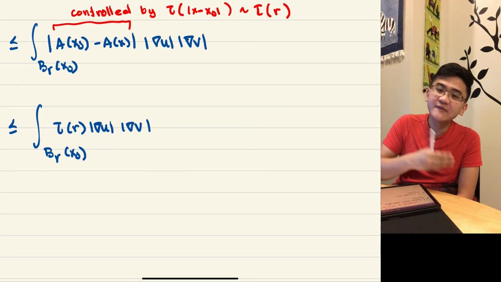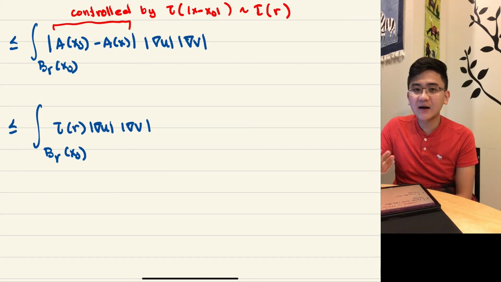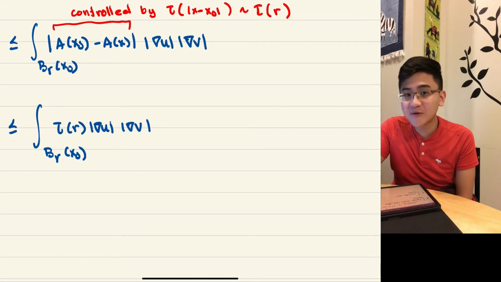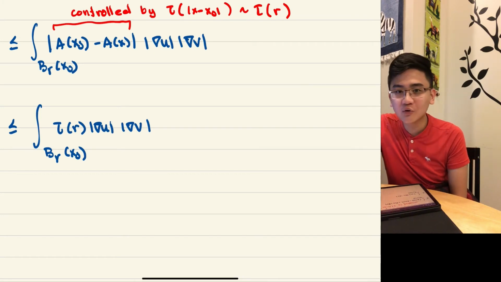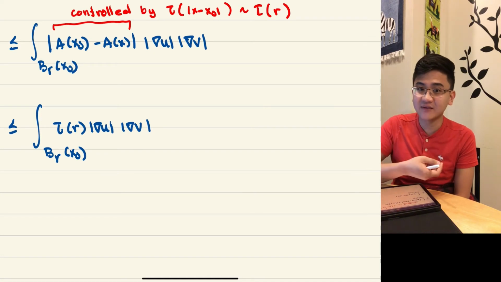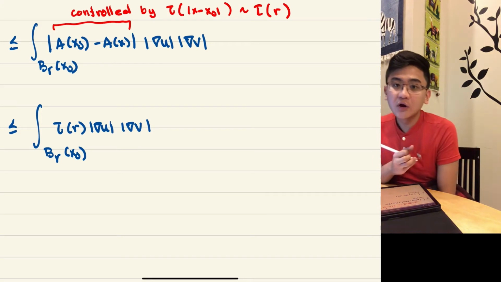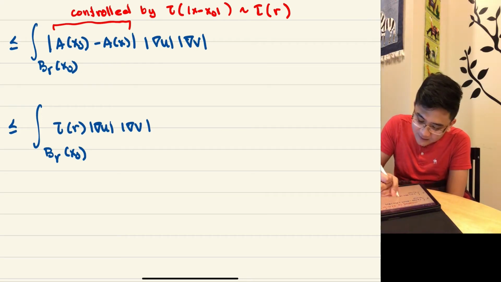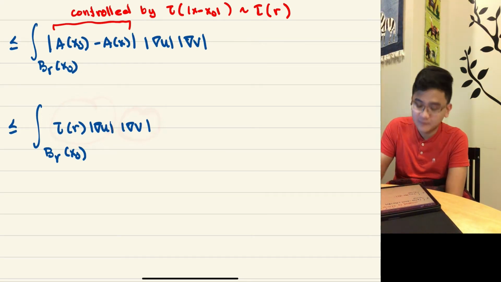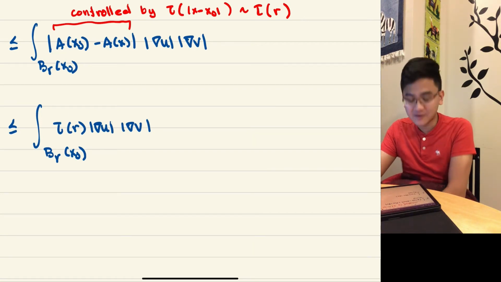In the previous estimates, you used Hölder inequality in order to make the L2 star norm of v appear, which you can control by the L2 norm of grad v using the Sobolev inequality. But for this one, grad v is already there, so you just need to separate this from this. We do that with Cauchy's inequality with epsilon.